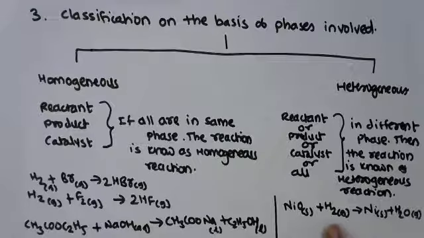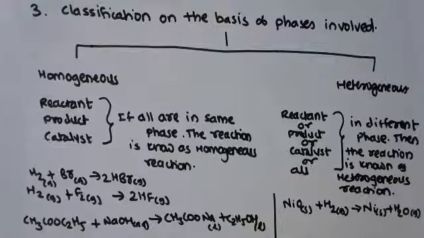So see, these reactants are in a different phase, products are also in a different phase. So this is one example of a heterogeneous reaction.